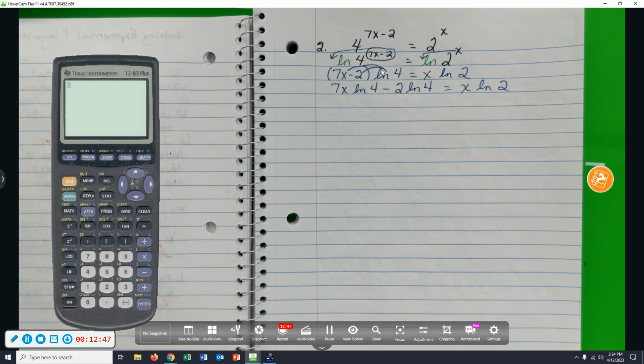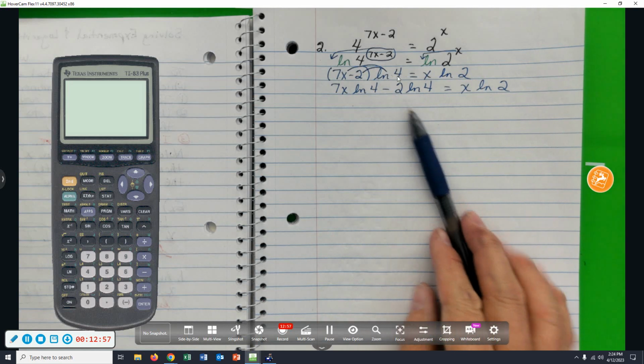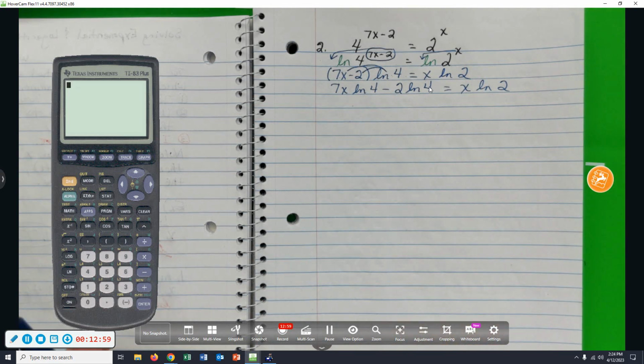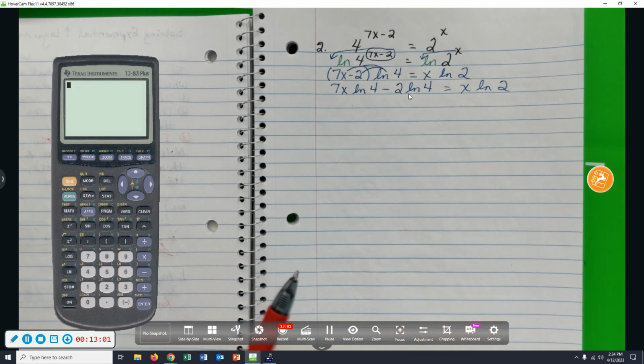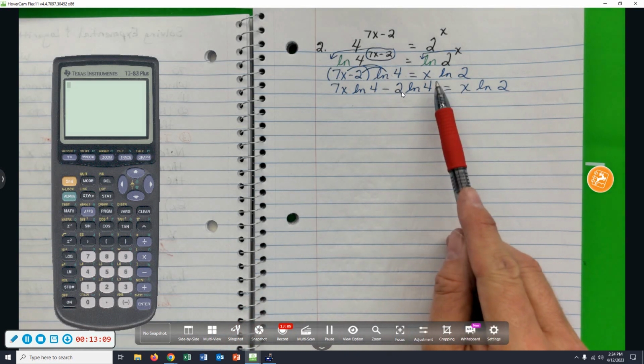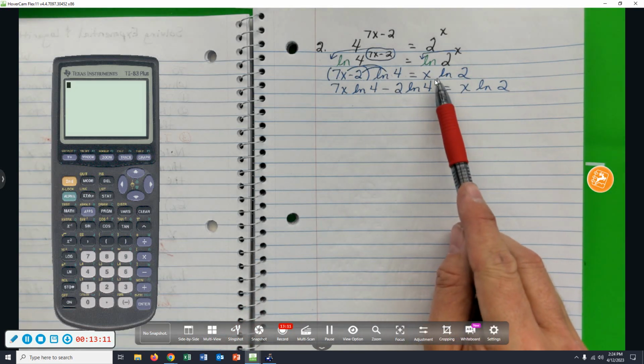You are not changing the arguments. There is something you could do to change the arguments, like moving that 2 up as an exponent so you have a 16, but I would not recommend doing that.